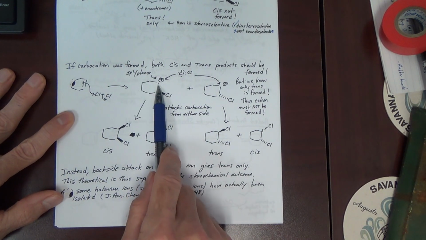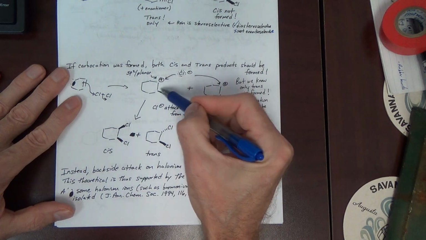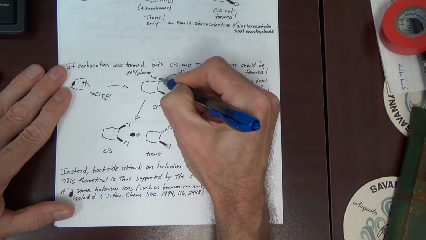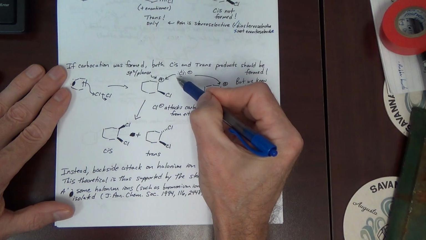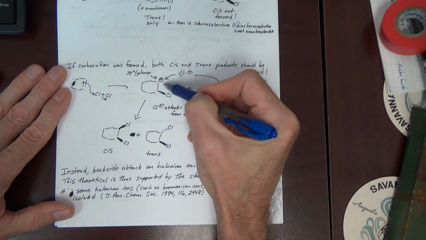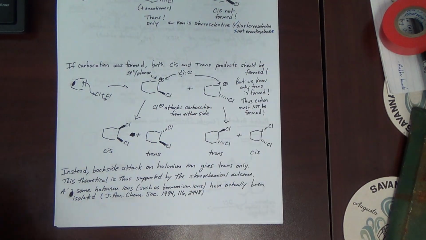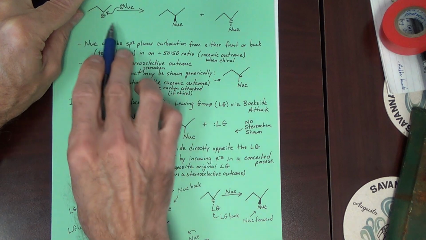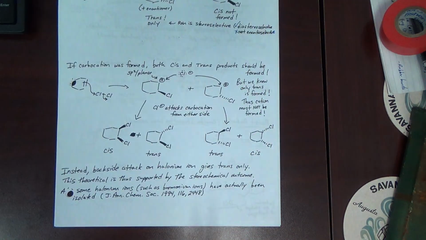But let's look at this one first. If it was a free carbocation and the chloride attacked there, well, it should also be 50-50 because how do we attack carbocations? Well, right here, 50-50 ratio. Okay? We've already talked about that.